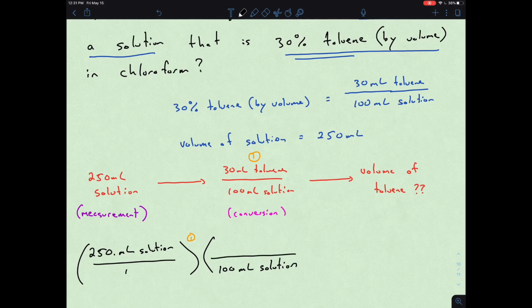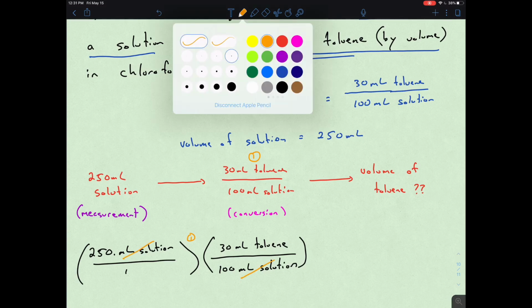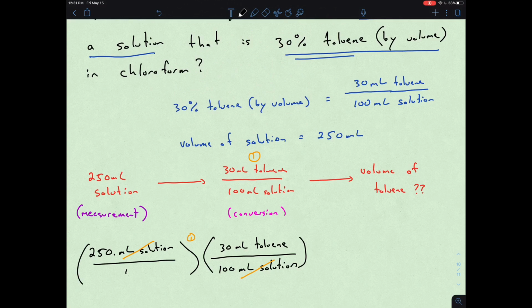We want the 100 milliliters of solution in the denominator so that the volume of that solution cancels. And now we know that we would need 75 milliliters of toluene.